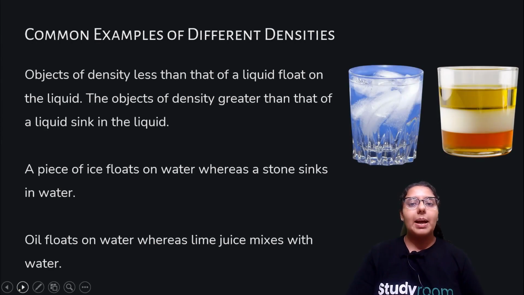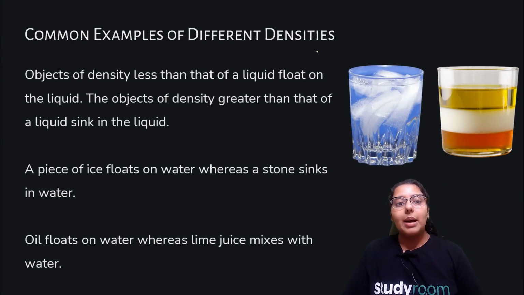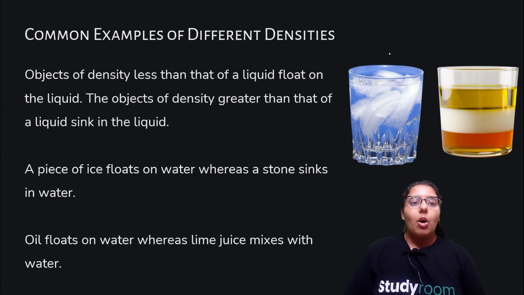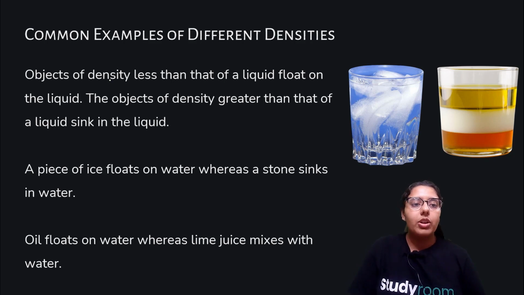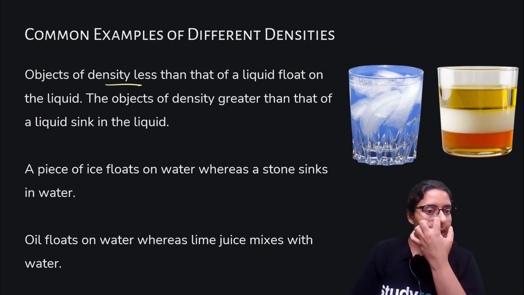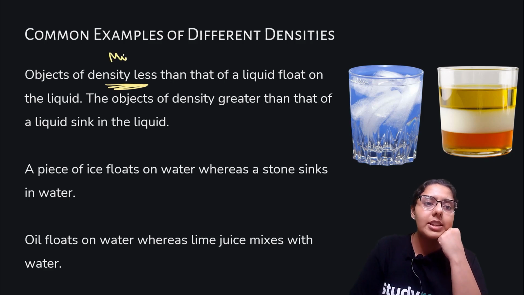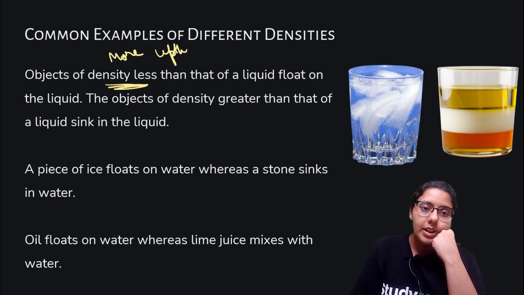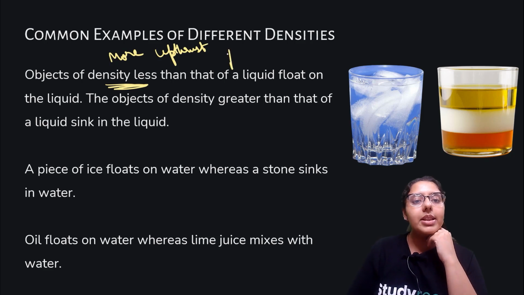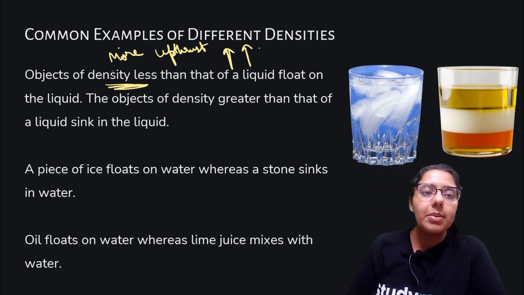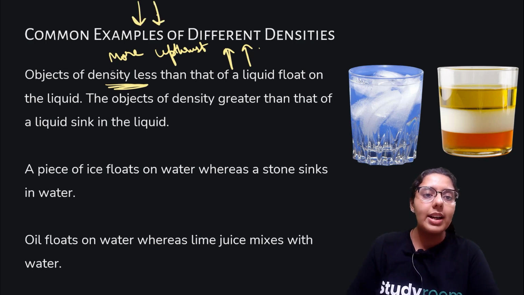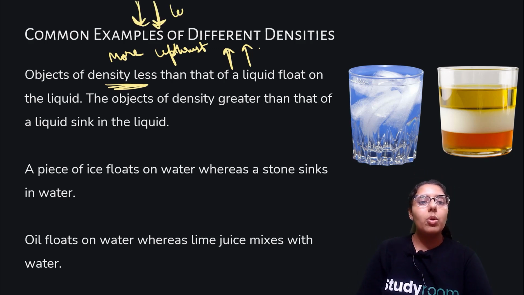So some common examples of different densities. Let's see some things which have different densities. Objects of density less than that of liquid float on the liquid, right? Of course, we just saw if they have lesser density, it means more upthrust. Lesser density means lesser mass, means lesser weight, means that your downward force is less and your upthrust is greater.